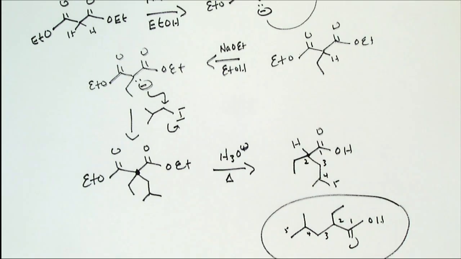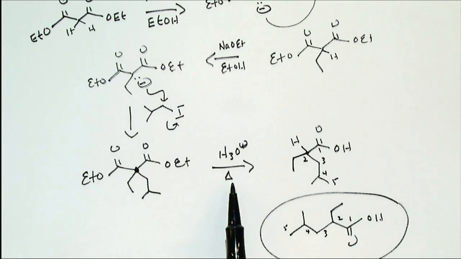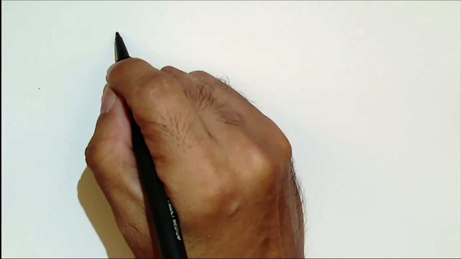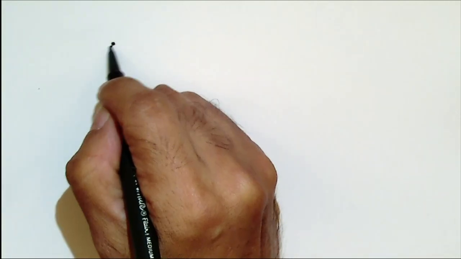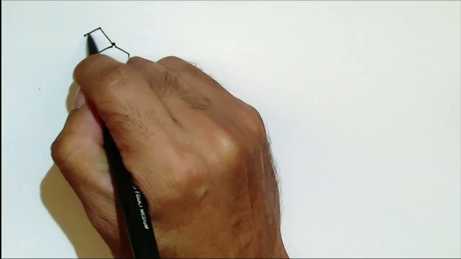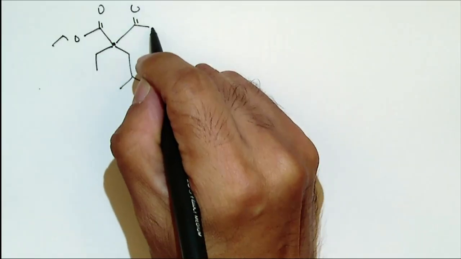Now, you might look at that product and wonder, wow, how did I get to here from here? Well, because of this final hydrolysis. So what happens here is that this hydrolysis is followed by a decarboxylation step. So I'm going to show you the decarboxylation step by itself. So what I have is, again, to keep tabs, here's my little dot that has an ethyl group, an isobutyl group, and it has an ester and another ester.